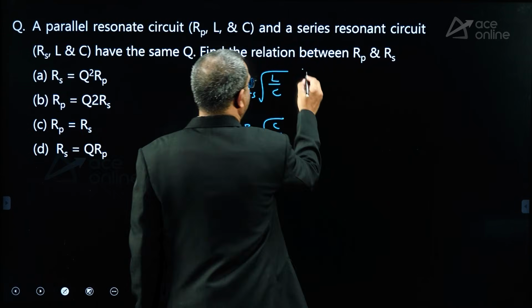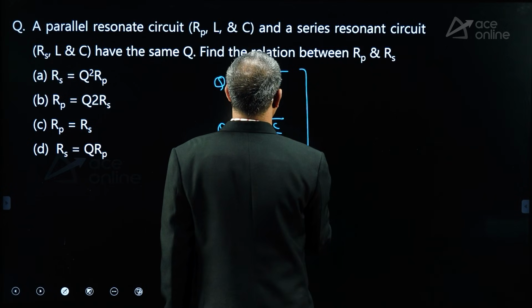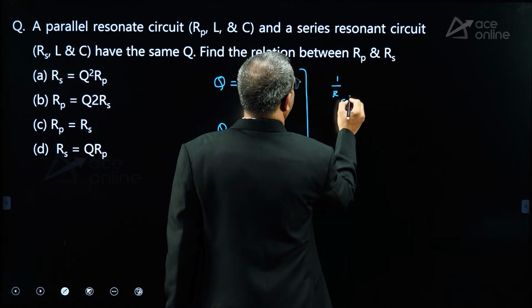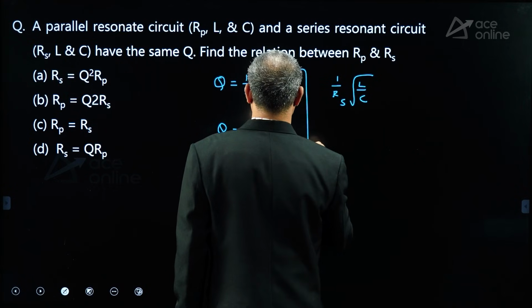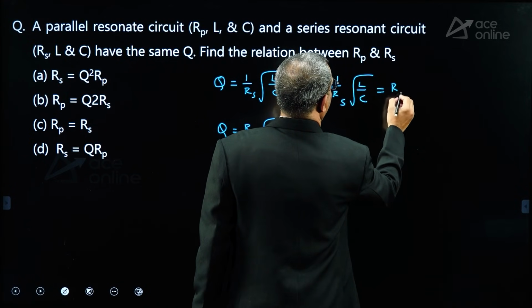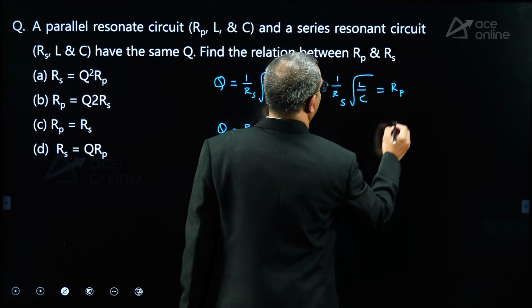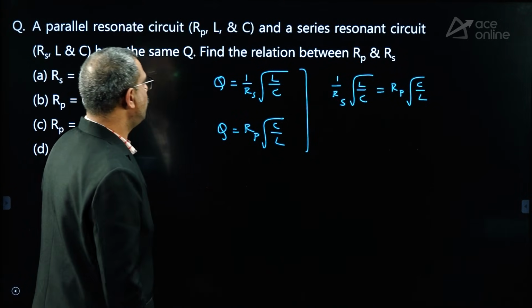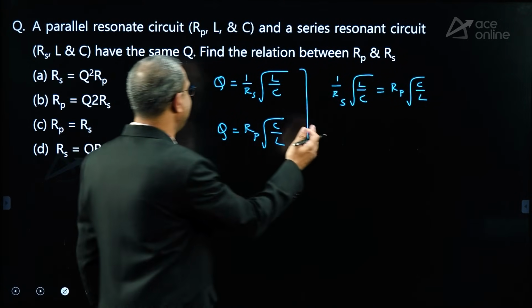Both are equal. So if I equate both, 1 by R series root L by C is RP into root C by L. But he is asking that both these quality factors are the same, so let me write in terms of quality factor.